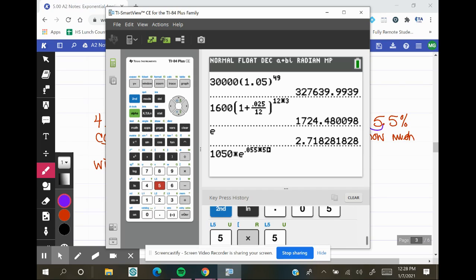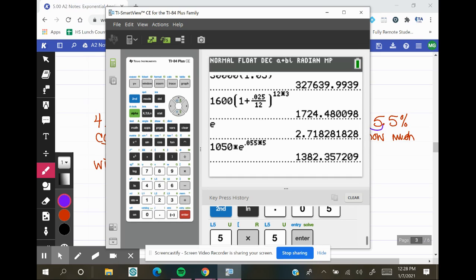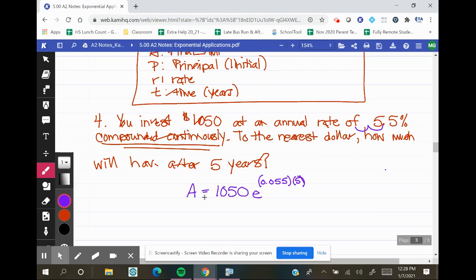And again, if you're going to do this in steps, it's very important you type in the 0.055 times 5 first. But I would encourage you to type it in all at once to make fewer mistakes. So 1,382.357209. And we wanted to round to the nearest dollar.